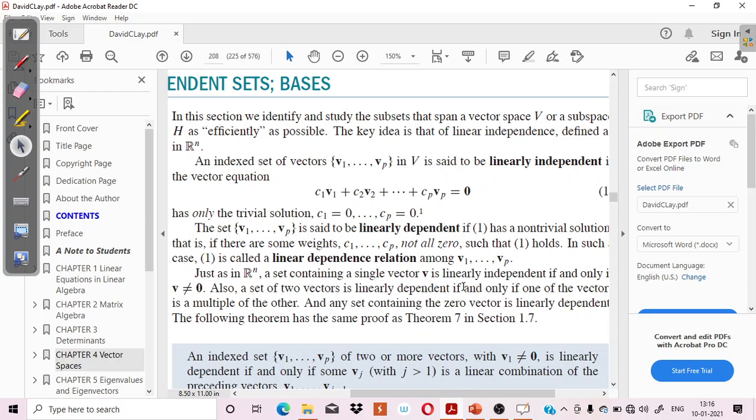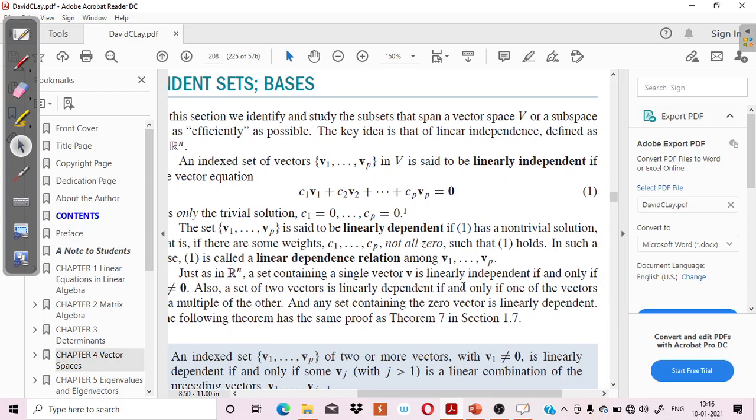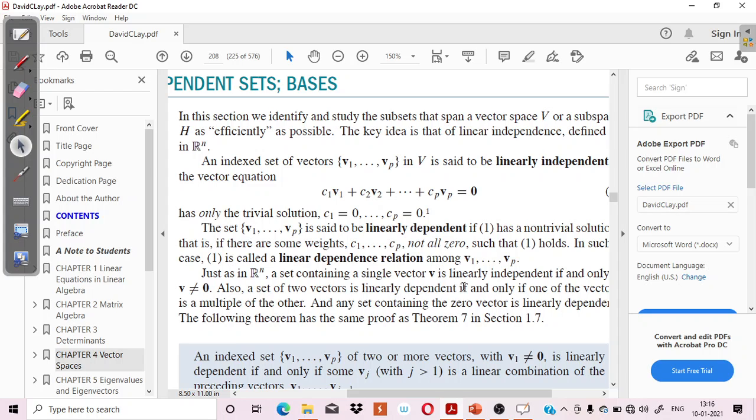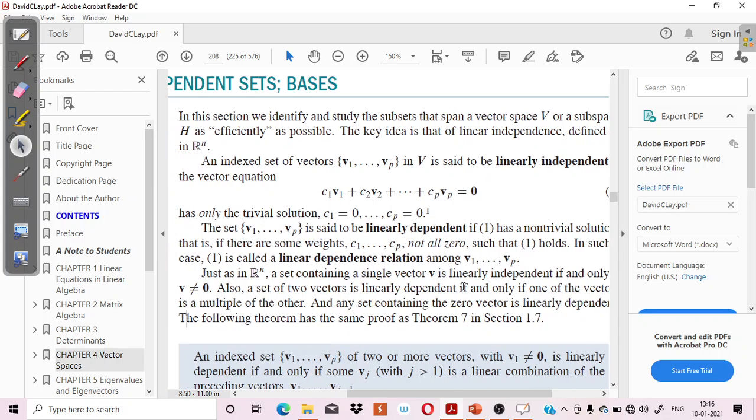And any set containing a zero vector is linearly dependent, because zero can be expressed by non-zero coefficients multiplying the zero vector. So a zero vector is linearly dependent always. And a set containing a single vector V is linearly independent if and only if V is not equal to 0. That also you can imagine.